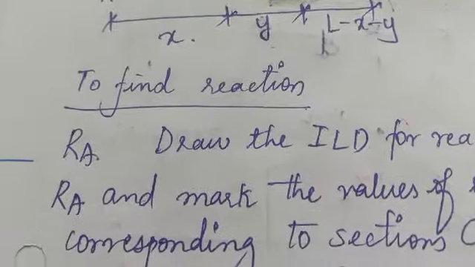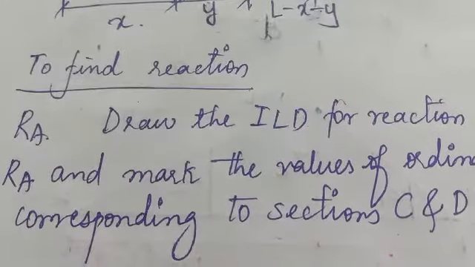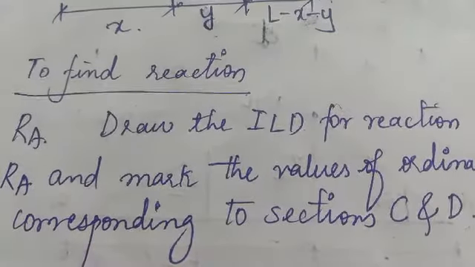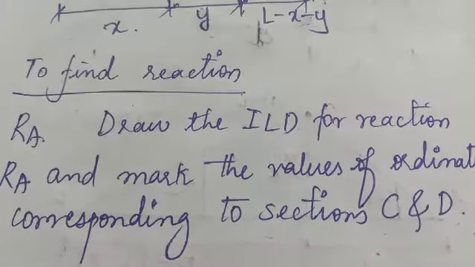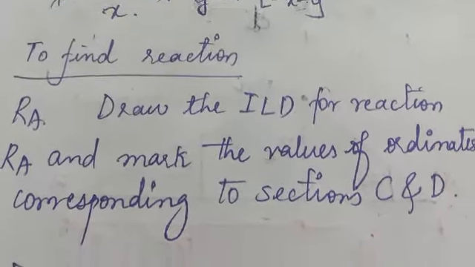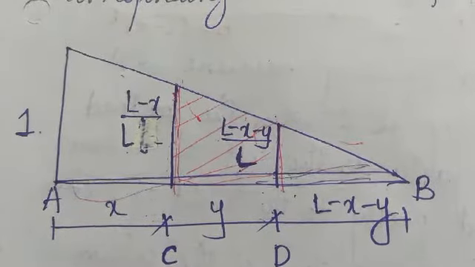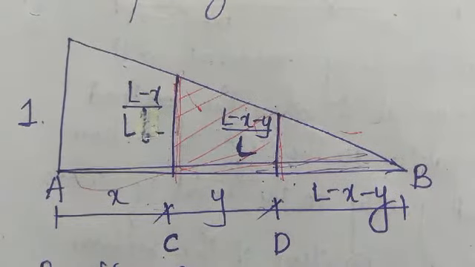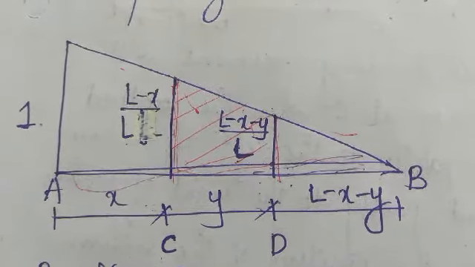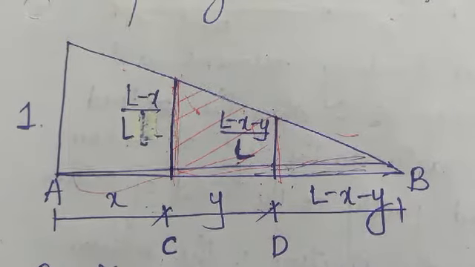Now let us first calculate the influence line diagram for RA. Draw the influence line diagram for reaction RA and mark the values of ordinate corresponding to sections C and D. So this is the influence line diagram for RA. You have C and D, over a distance of y your UDL is spread out.